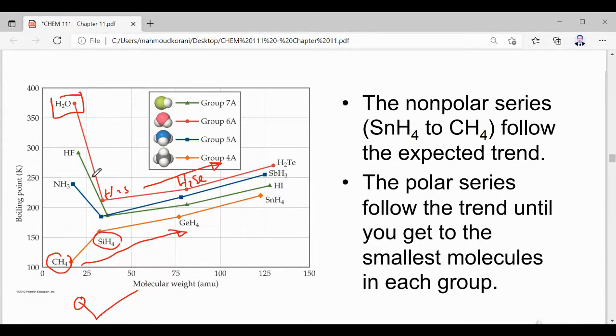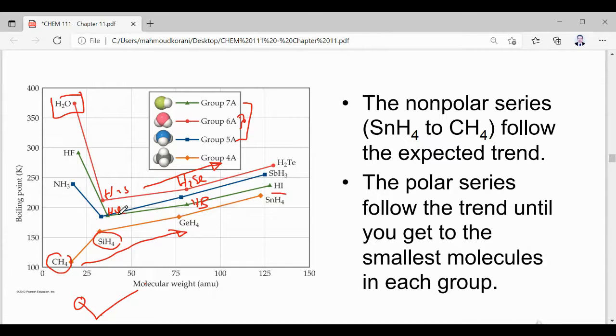The same behavior happens in group 7 and group 5. In group 7, we have HF, HCl, HBr and HI.